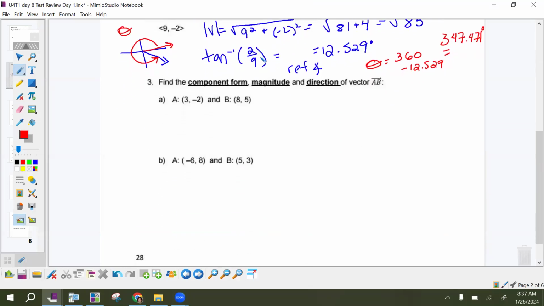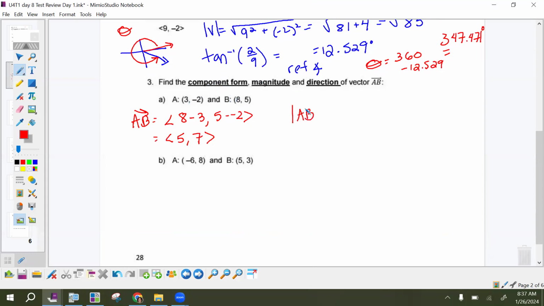All right, let's do that again. But now I have to first find the component form for vector AB. That's always terminal point minus initial point. So that would be the vector 5, 7.